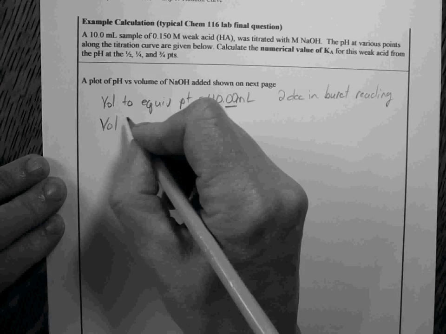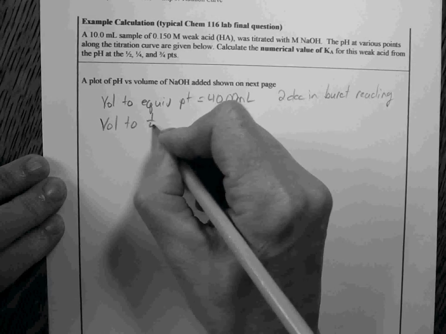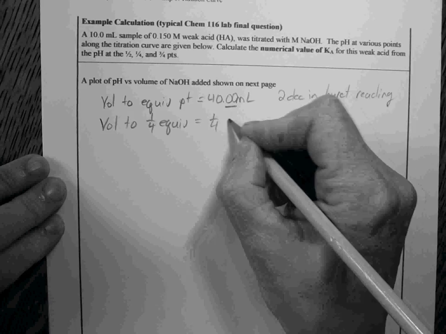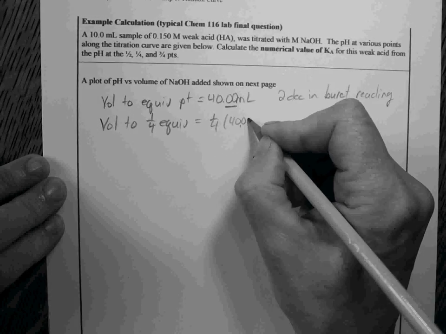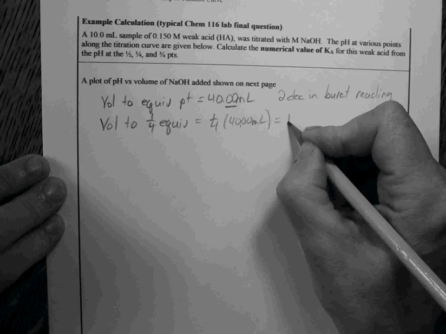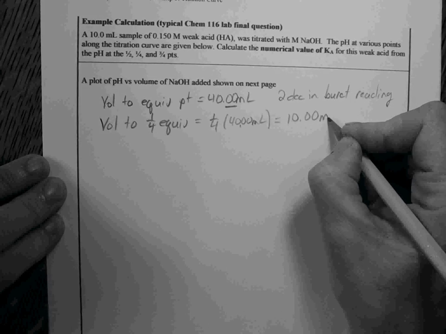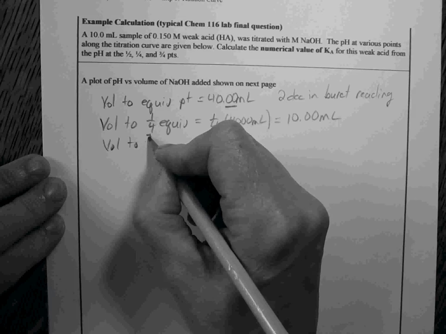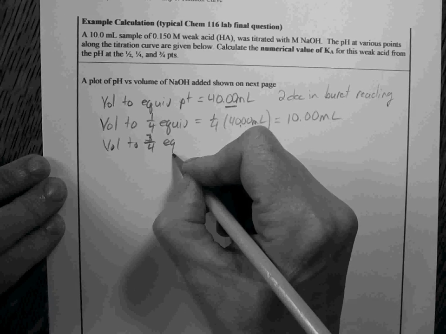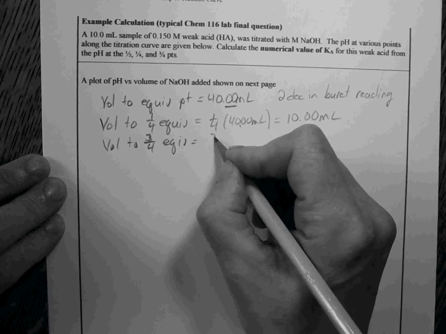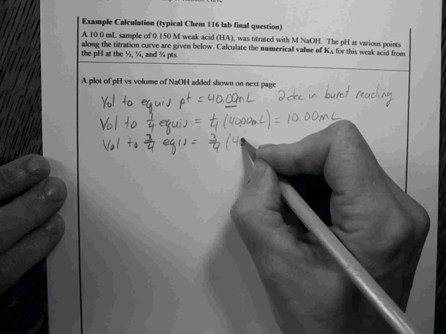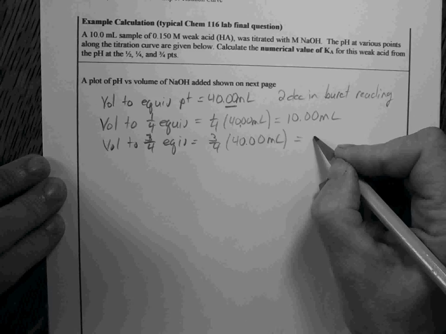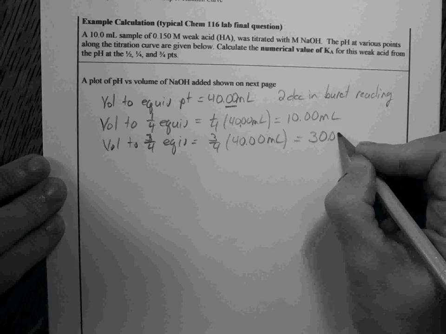So the volume to 1/4 equivalence is 1/4 times 40, 10 milliliters in this example, and volume to 3/4 equivalence is 3/4 of 40.00 milliliters. That would be 30 milliliters in this example.